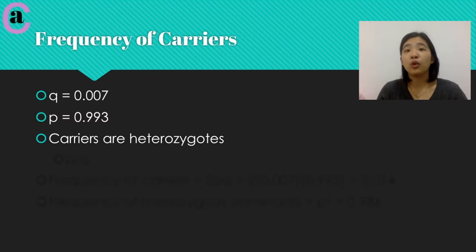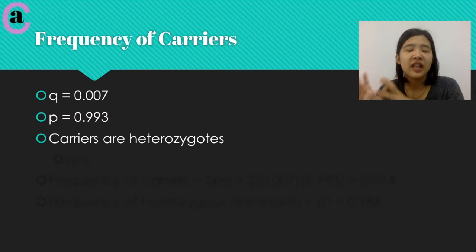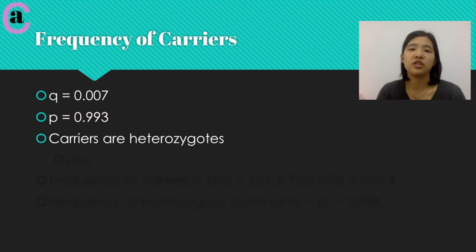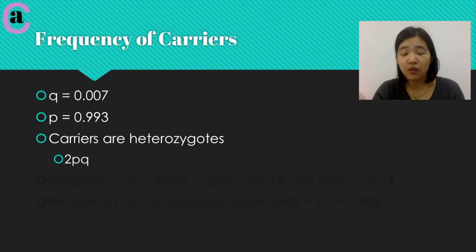So they are people who have the recessive allele, but they don't demonstrate it, right? So these would be the aliens who have green skin, but they still have the allele for orange skin. So they're carriers or heterozygotes. And so we're looking for 2pq, in other words.